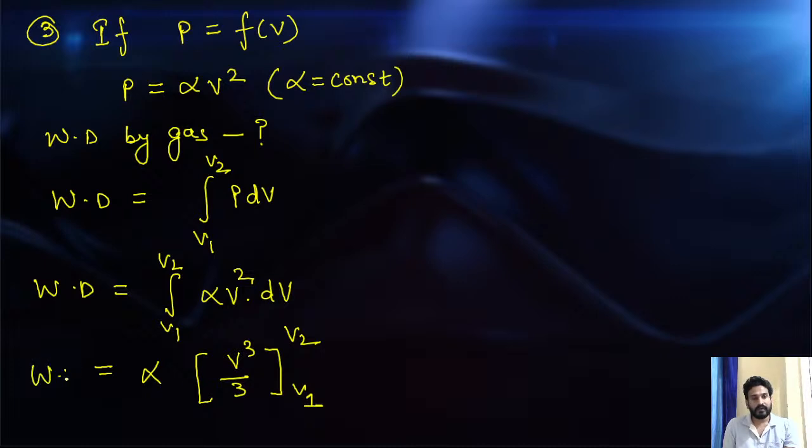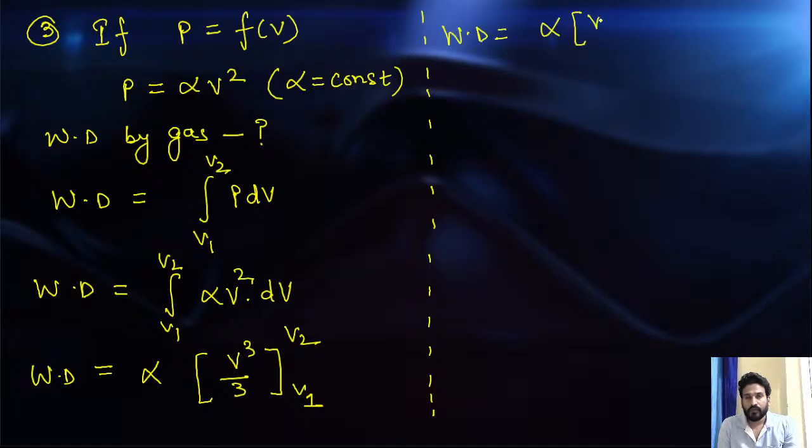This is my work done. So finally, what will be my work done for this expression? Work done is equal to alpha times V2 cube minus V1 cube, divided by 3. This is my work done, guys.